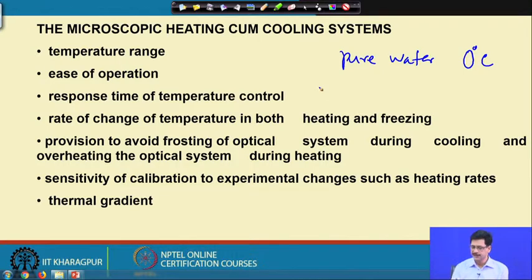Although we will be discussing it a little later, if we take carbon dioxide, we know that the carbon dioxide triple point, where the solid, liquid and vapor coexist, is minus 56.6 degrees Celsius, and there could be many others.